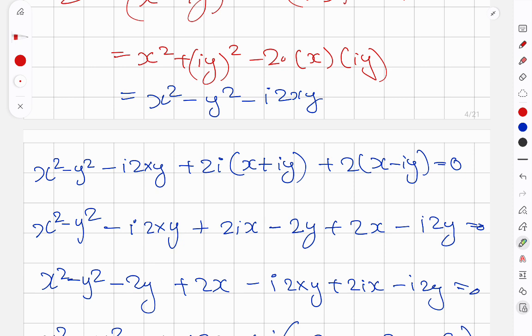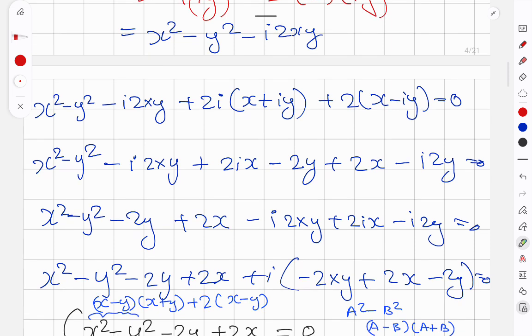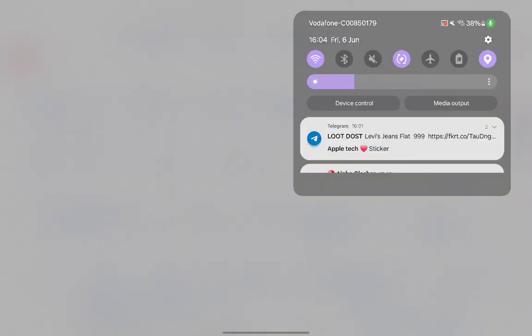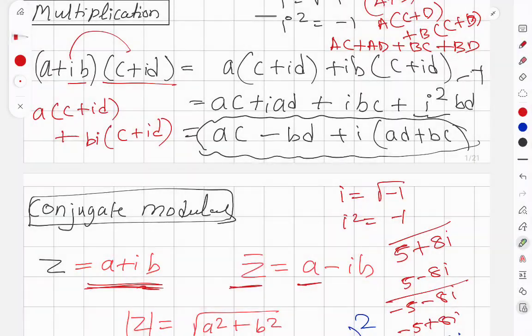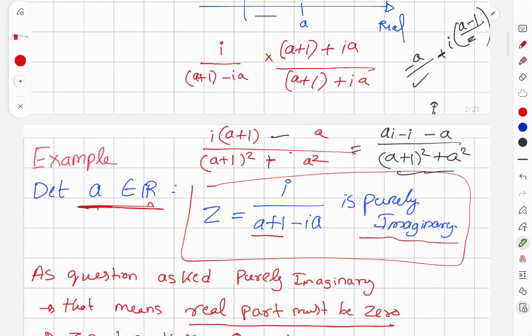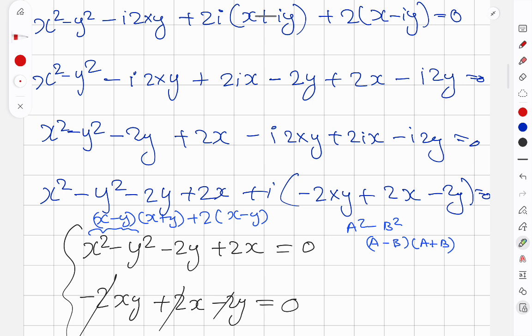Okay. And bring all the real part to one side and take all the imaginary part to the other. Okay, we were here, as I said.